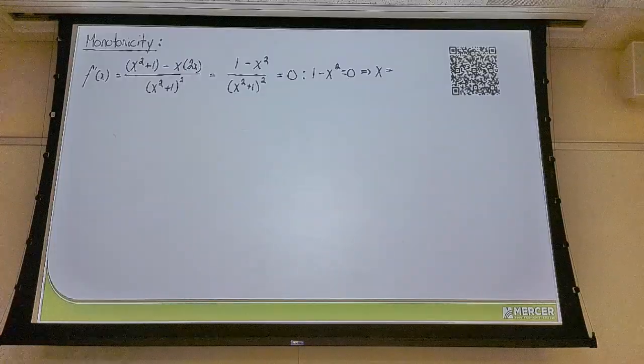One minus x squared is 0, so what is x? Is it just 1? Not just 1. Plus or minus 1.